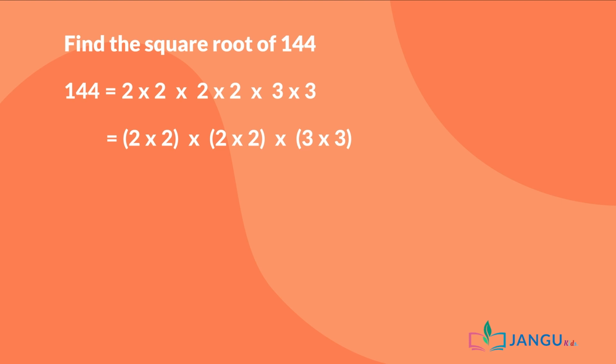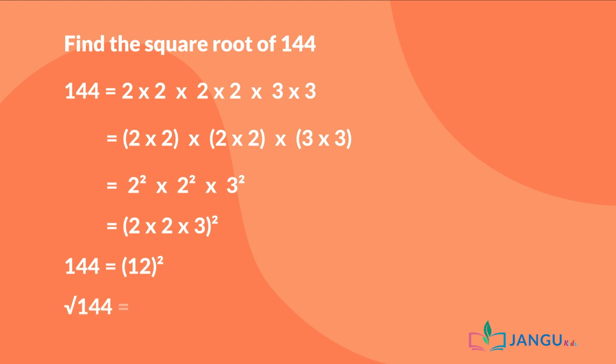Next, you square the factors. 2 squared times 2 squared times 3 squared. Next step will be to find the product of the factors. 2 times 2 times 3, all squared, which is 12 squared. Therefore, the square root of 144 equals 12.